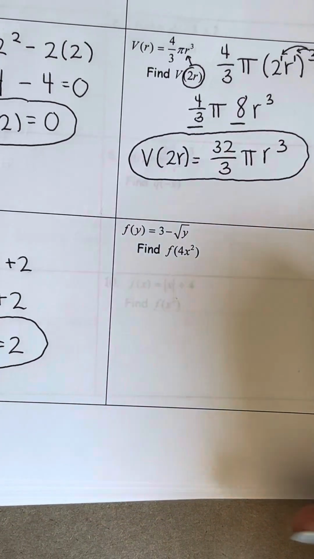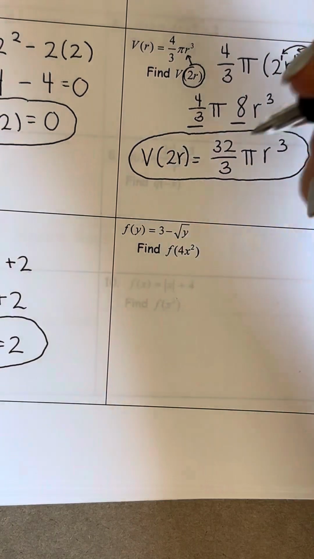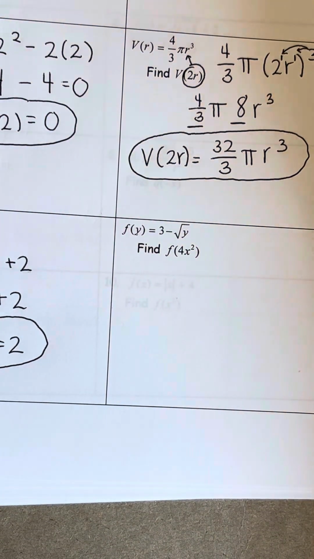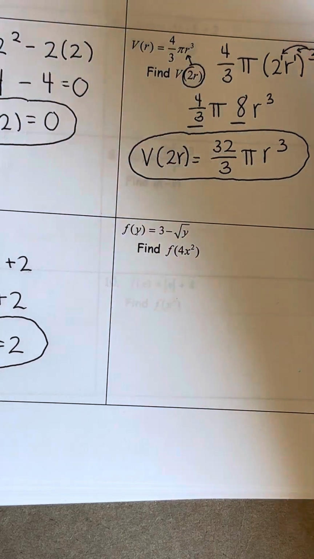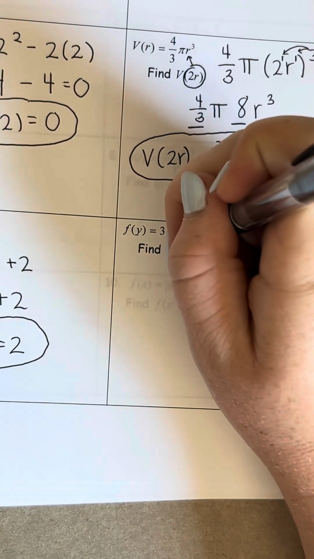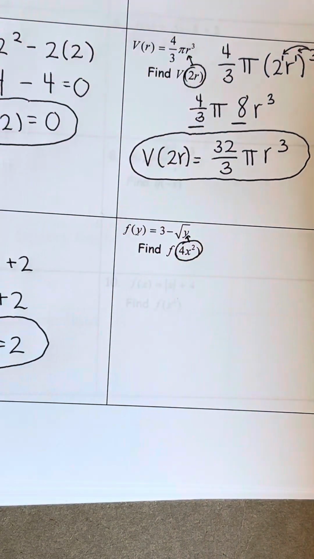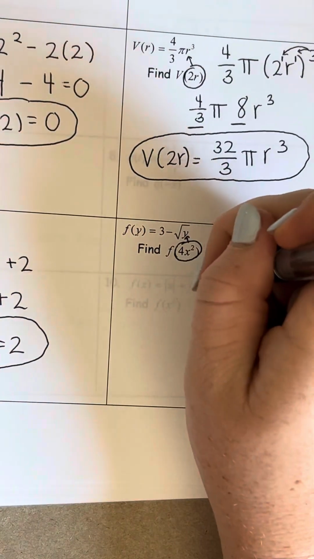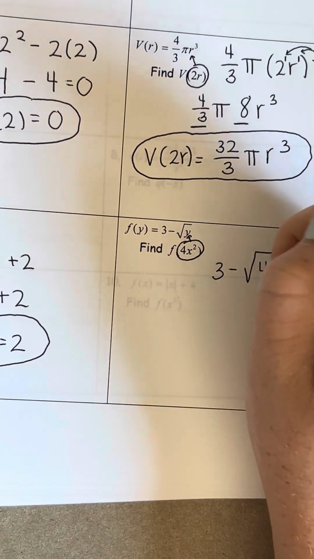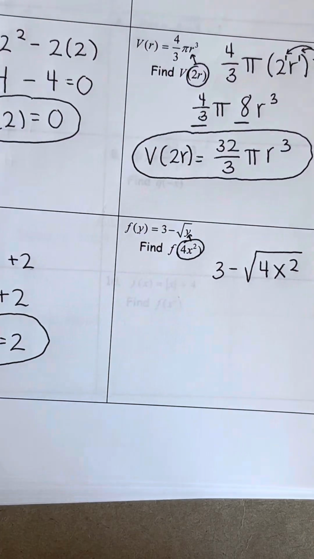All right, then the last one. It's telling you that f of y is equal to 3 minus the square root of y. It wants you to take 4x squared and plug it in for that y variable, all right? So we're gonna get 3 minus the square root of 4x squared. Now, you cannot leave it like that.